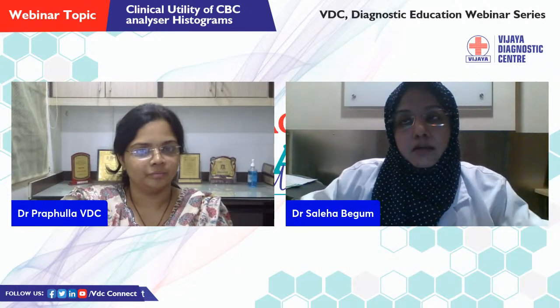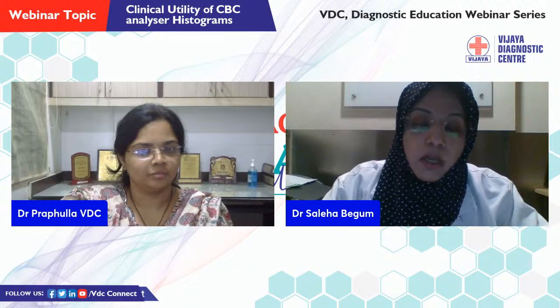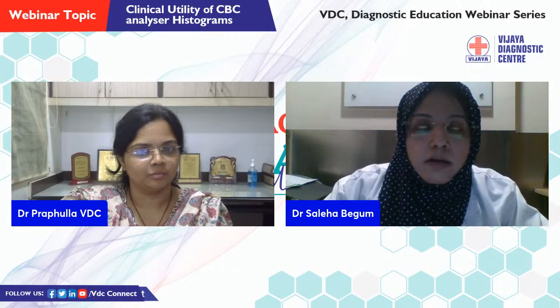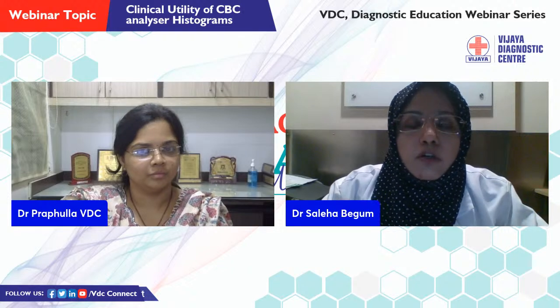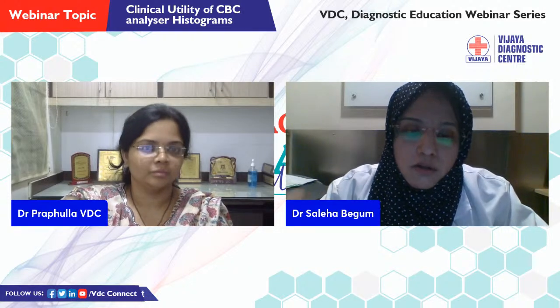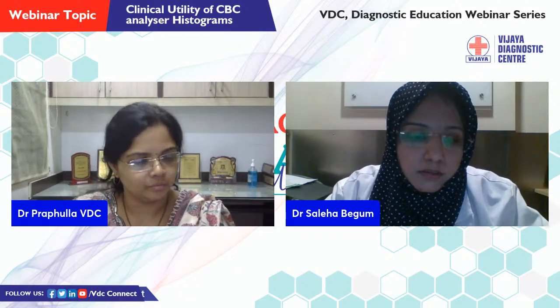That's how platelets are agglutinated, and they give us a flag of platelet clumps in the graphs. To counter this problem, in the pediatric population you can go for a direct smear or take capillary blood to avoid such EDTA induced thrombocytopenia.